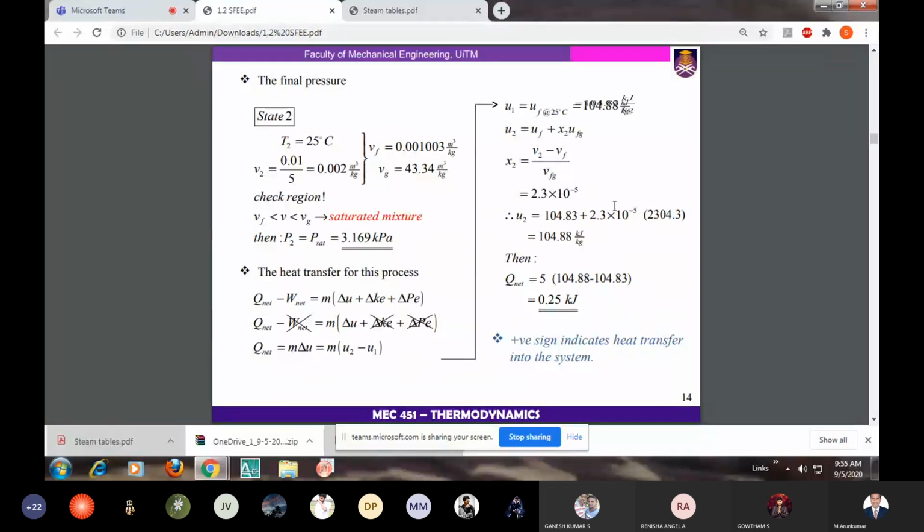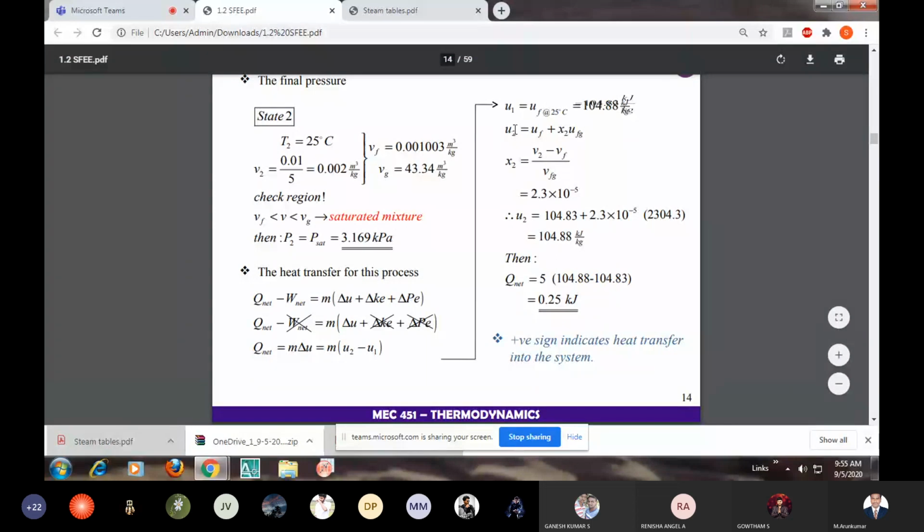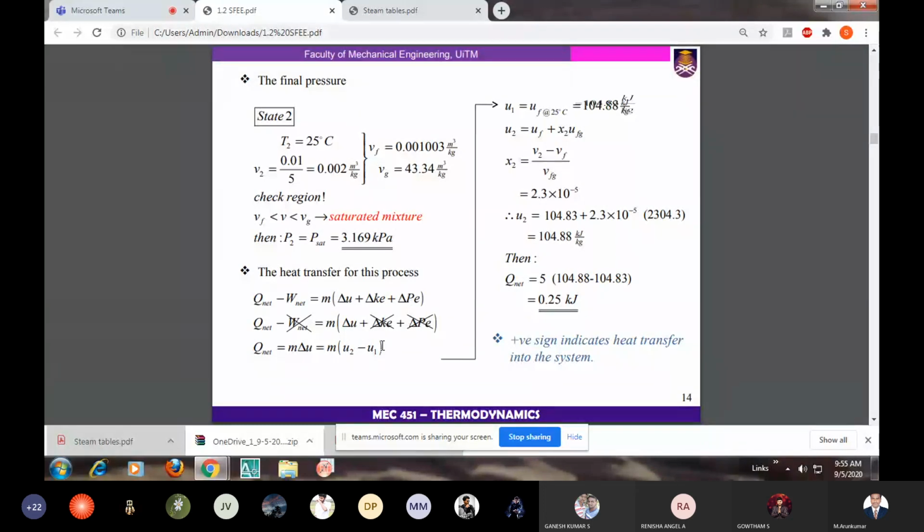Then we have to substitute this X value to solve this equation. Then if you substitute the U2 values and U1 values in this formula, we can get the value for Q net.